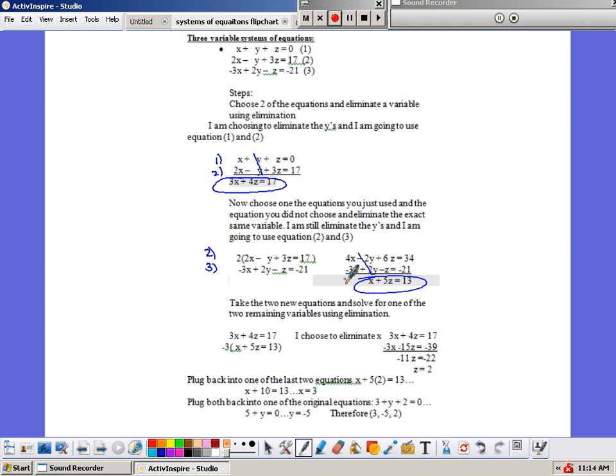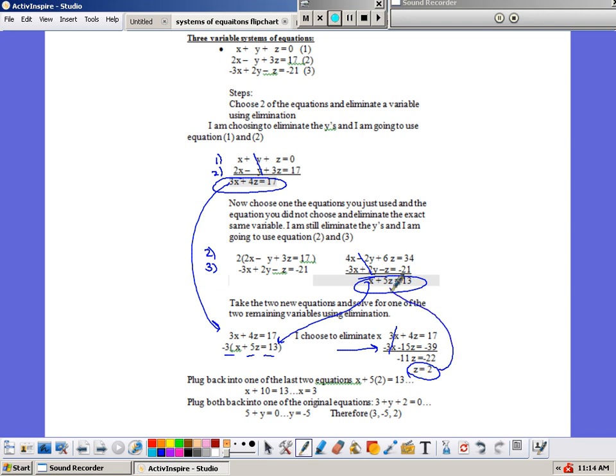I then take my hold equations and put them together, and I decide to eliminate one of the 2 variables that are left. In this case, I decided to get rid of x, so I multiplied everything by negative 3 the whole way across to get this. The x's go away. I get negative 11z equals negative 22, so z is 2.